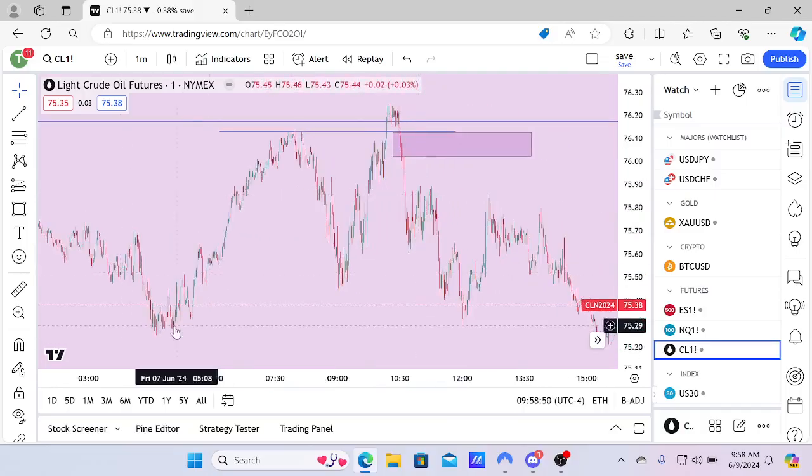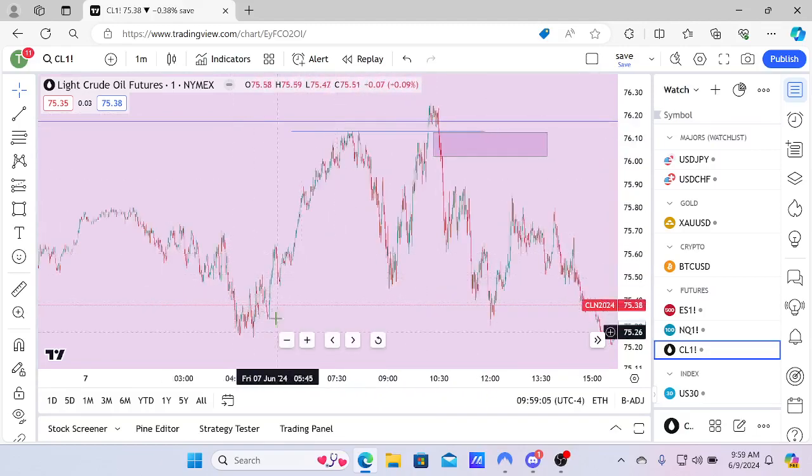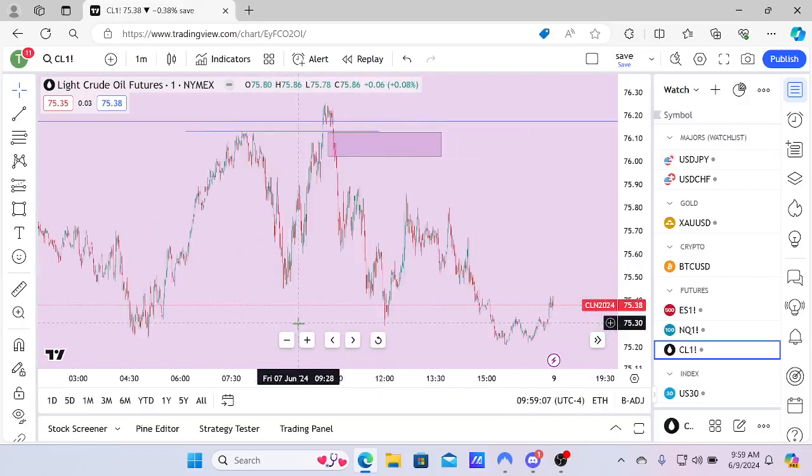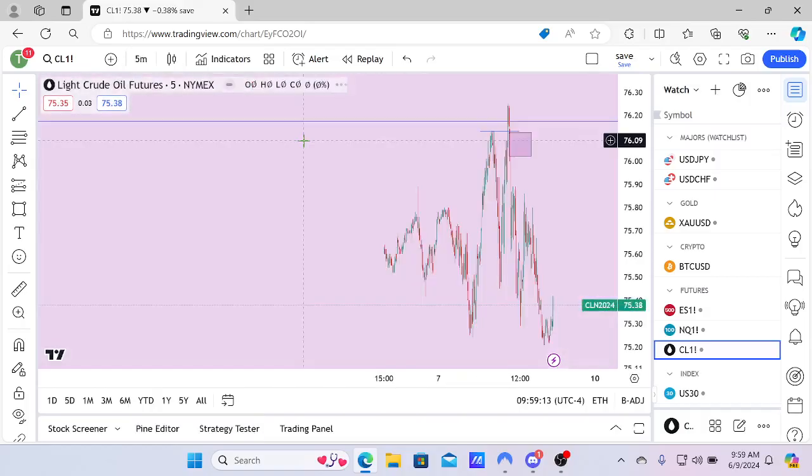Then it attacks this little consolidation below, and now on the lower time frame you can see that market maker sell model in place. You see that? There is your smart money reversal off that level. And then look, it comes down and it's going to want to draw to this consolidation down here and take care of that, because there's sell side residing there, of course. But I just wanted to go over that really quick thing because it's very powerful.